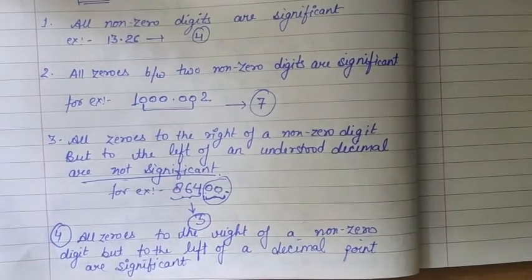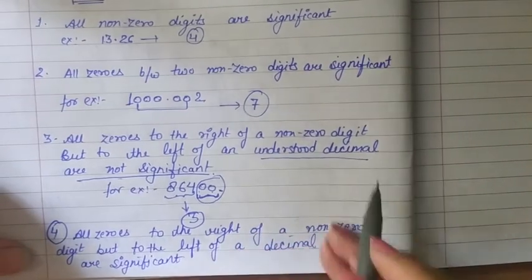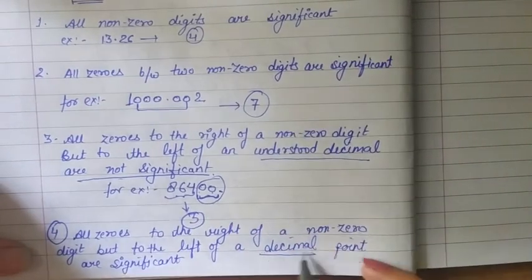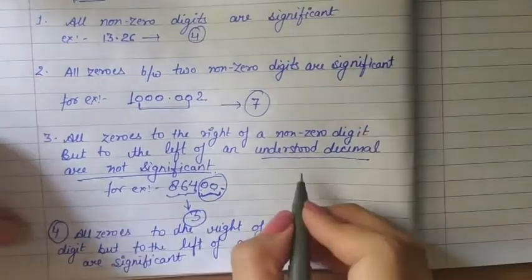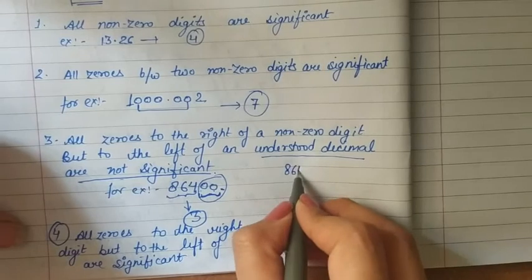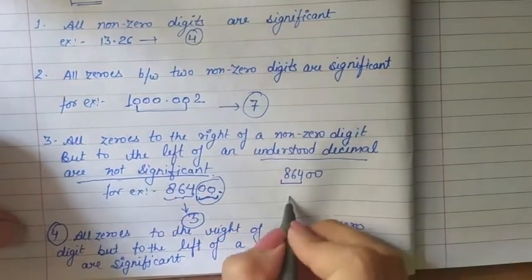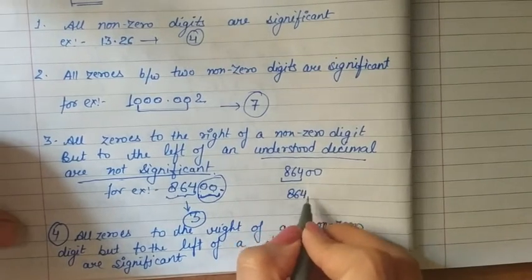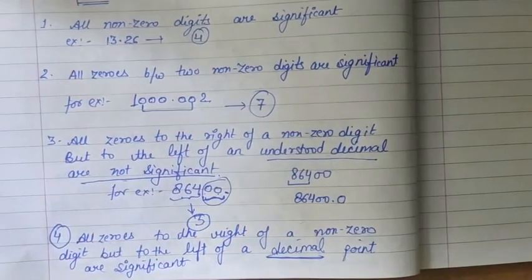The difference between points 3 and 4 is here: understood decimal and decimal. Alright, understood decimal and decimal. So if the number is written like 86400, there are 3 significant figures. But if the number is written like 86400.0, that means they have mentioned a decimal point here.